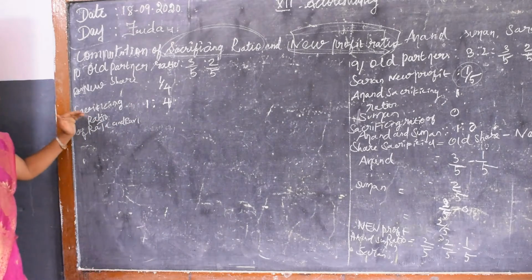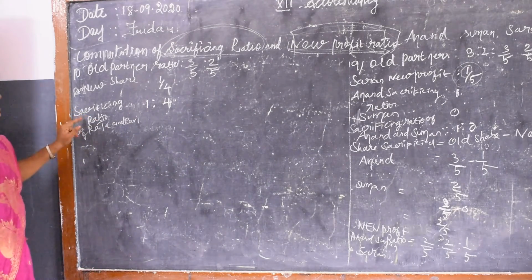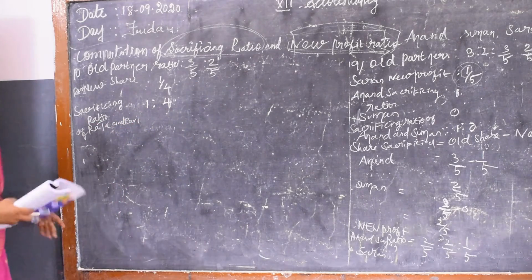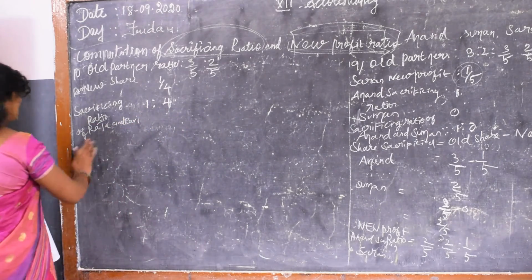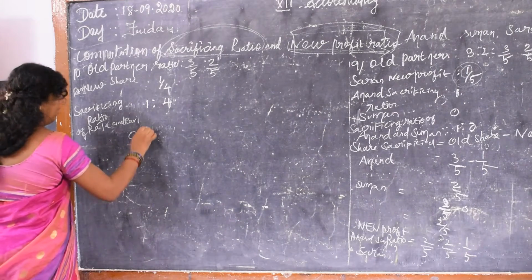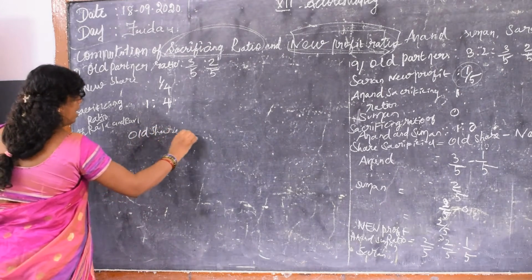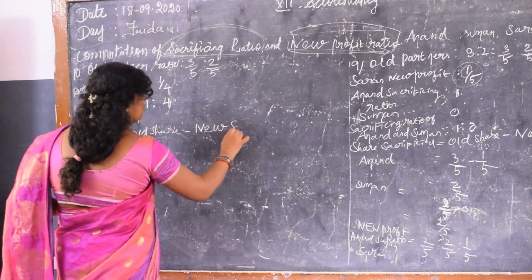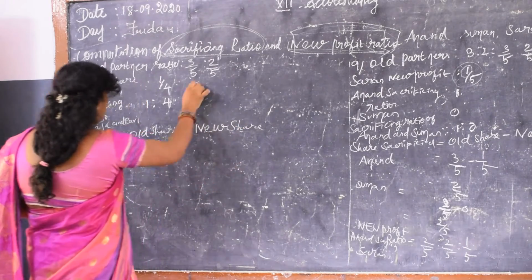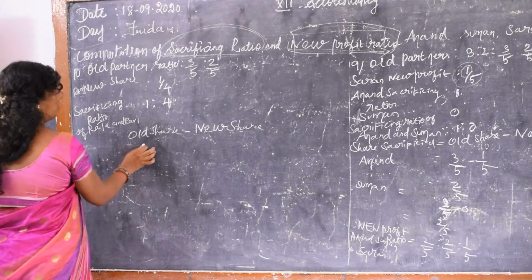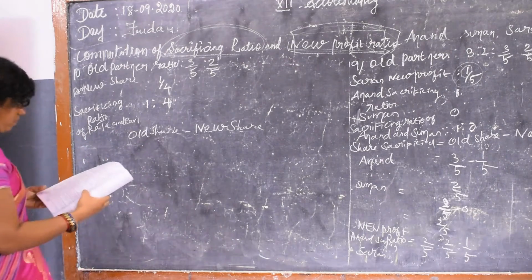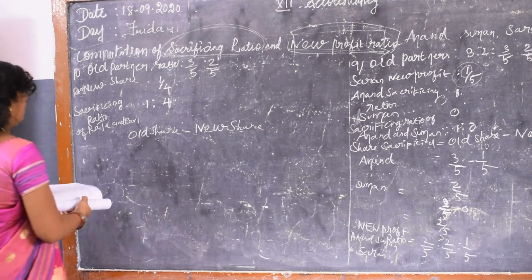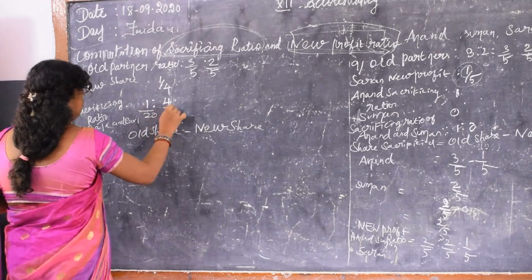So in this sum, step number 1 is that the sacrificing ratio is 1:4. With this we move on to the share sacrificed, that is old share minus new share. The old share we know. Write it like this: 1 by 20, 4 by 20.